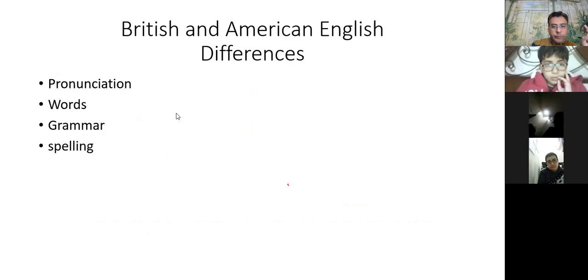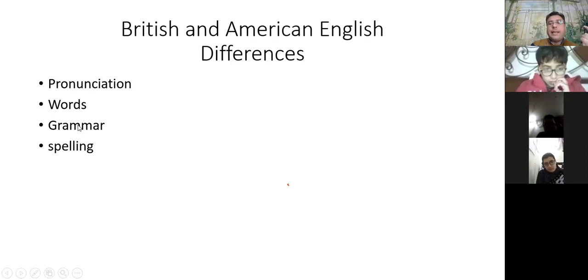So what are the differences? We have differences in pronunciation, words, grammar, and spelling. There is a difference in pronunciation between American and British.